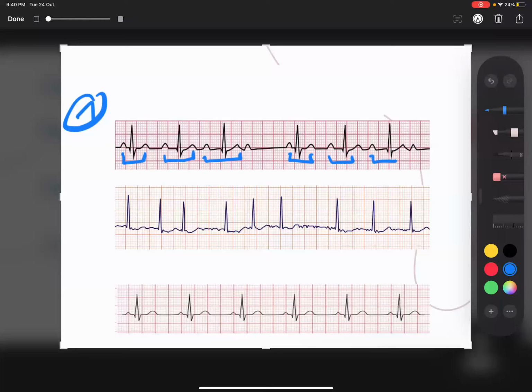You can see the P wave is there, QRS is there, T is there, everything is there. But here we have a prolongation. Do you think this is regular? Let's start with, is it regular or irregular?